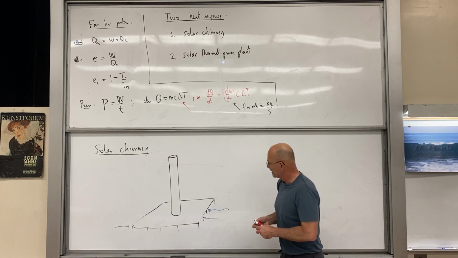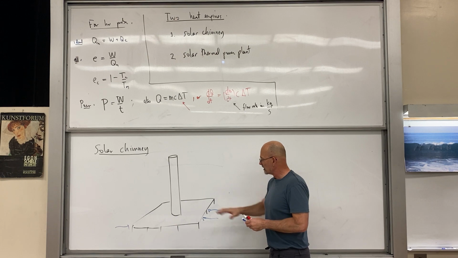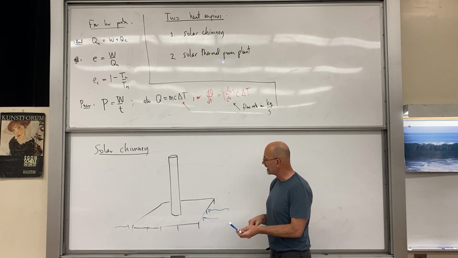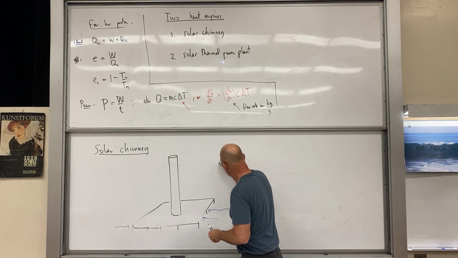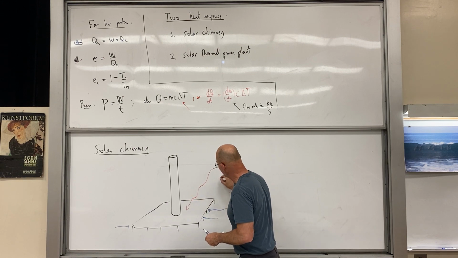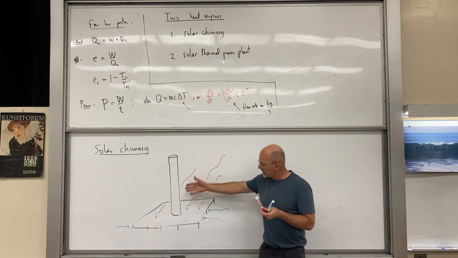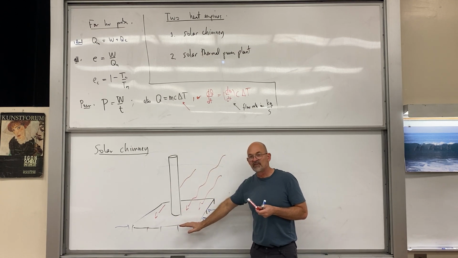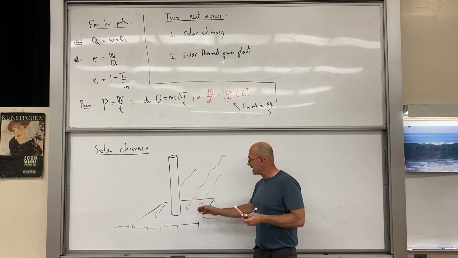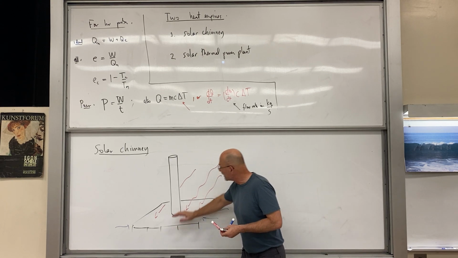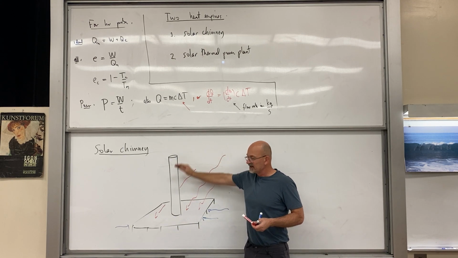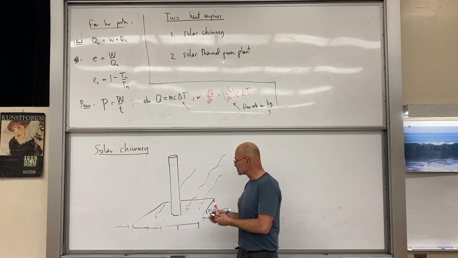And how does it work? Well, this is a transparent canopy. You have solar radiation coming in here, and it goes through the canopy and heats the air underneath. Because there's hotter air underneath now and colder air at the top, you get a chimney effect and you get a convection current.